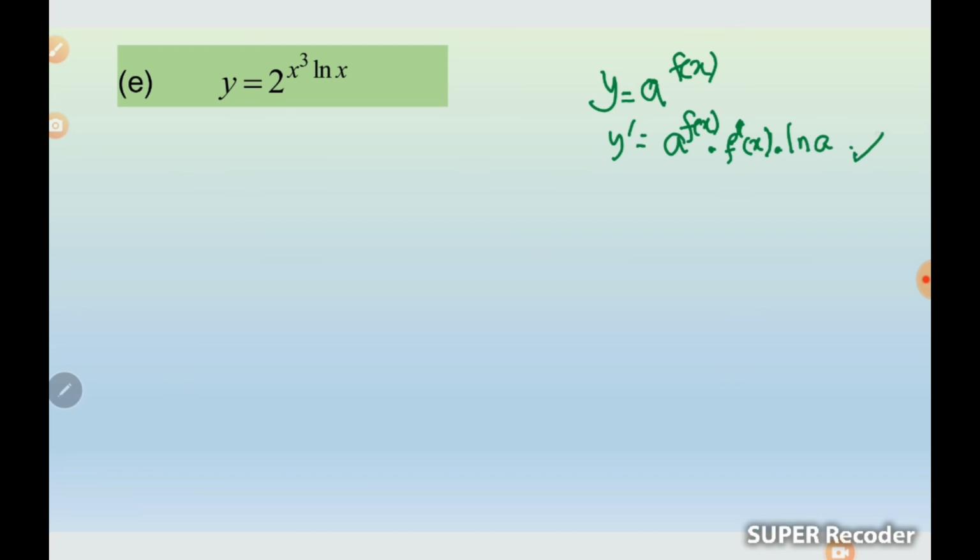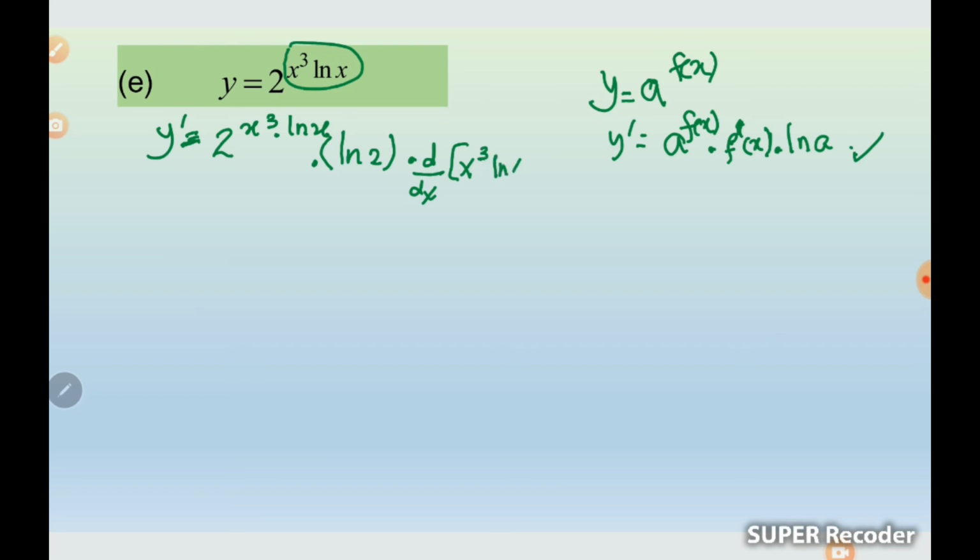So we will use this rule now. So f(x) is x cubed multiplied with ln x. So y prime equals, copy the function 2 to the power of x cubed ln x. Then you need to multiply with f prime(x), or you can multiply with ln 2 first, either one. So multiply with ln 2, then differentiate x cubed ln x.